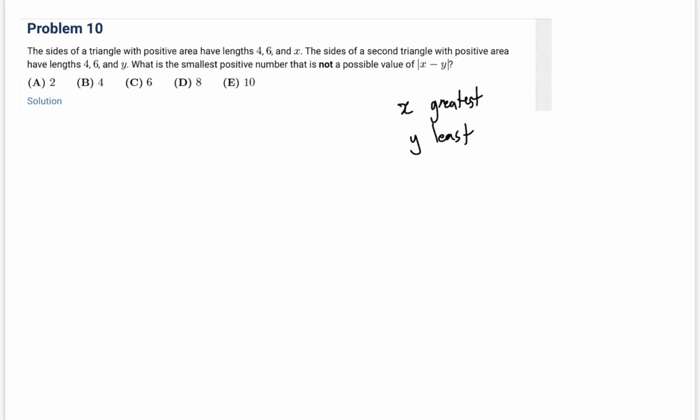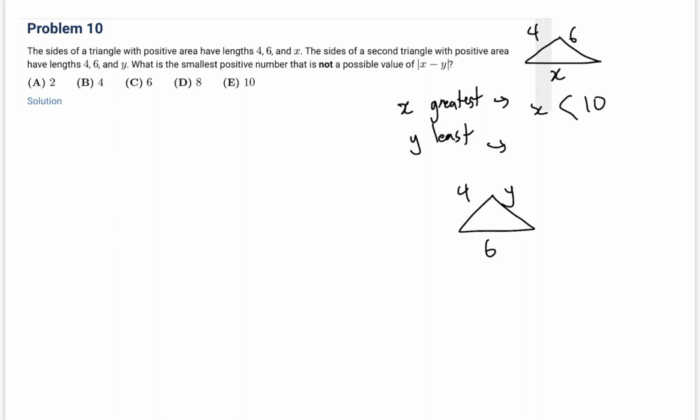So if x is the greatest, then the triangle will be something like 4, 6, and x, so x should be less than 10. And if y is the least, the triangle will be something like 4, y, 6, so y would be greater than 2.